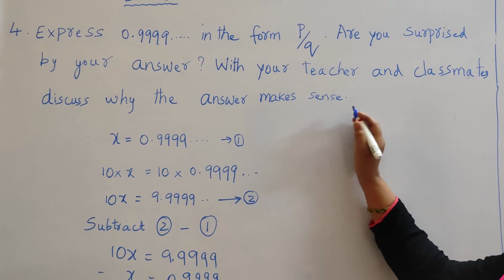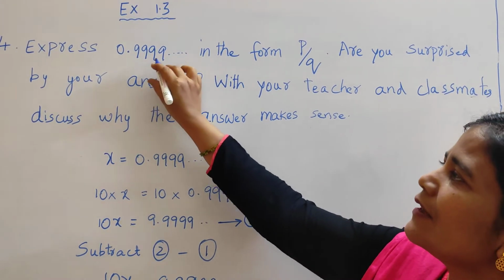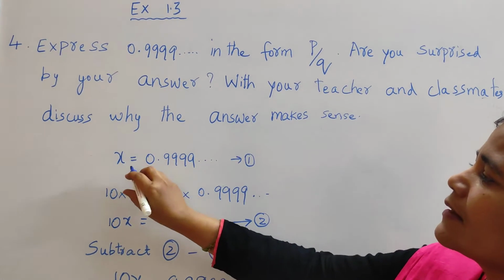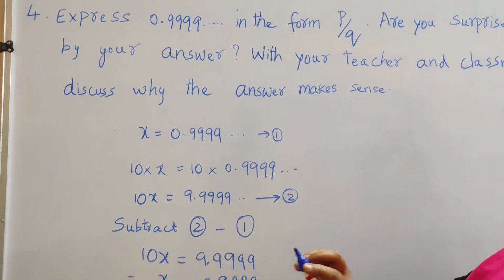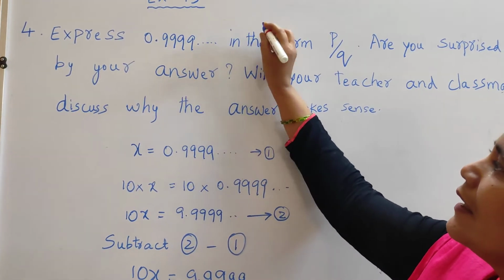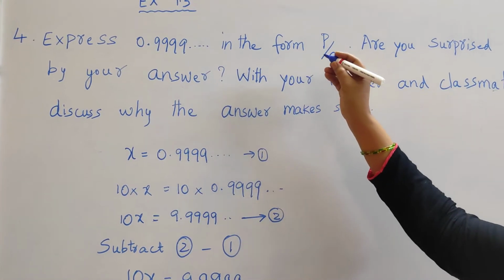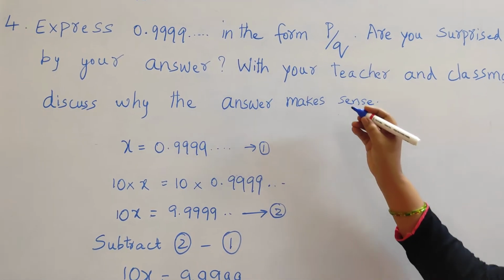In the previous video, we have already discussed how to express any given decimal in p by q form. This is the decimal given, x is equal to 0.999... In the previous video, we discussed 0.99..., how to express it in p by q form. If you haven't watched that video, please watch it, then you will understand more clearly.